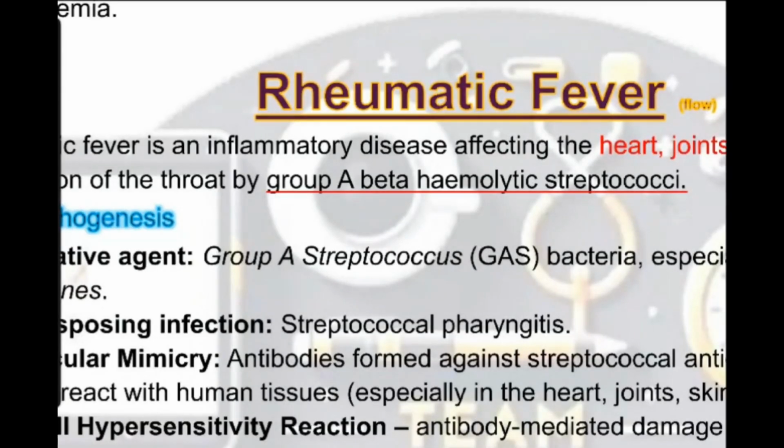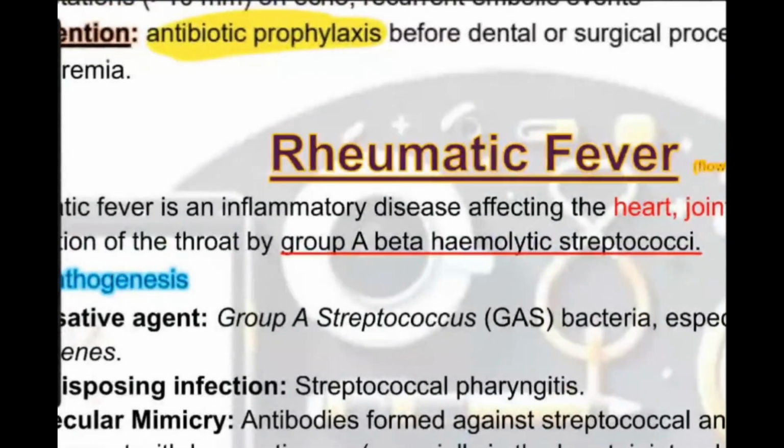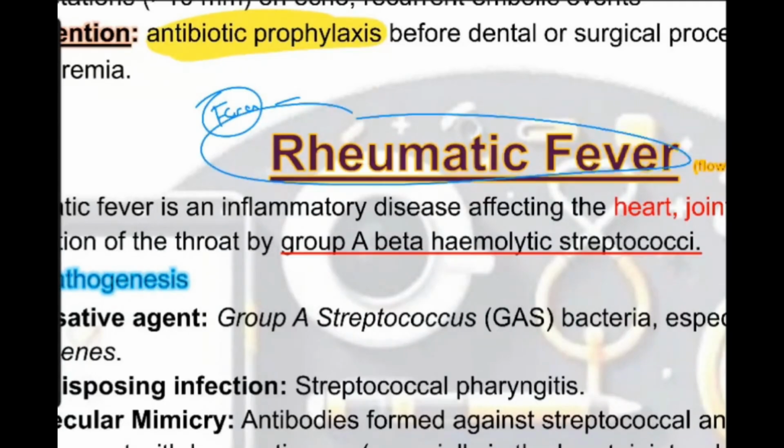Okay. See, in olden days, in Greek mythology, they used to think this. Rheuma means flowing. They used to believe this fever occurs when bad bile, black bile, is flowing through your body. They used to think that only then does this fever occur. So since then, this rheumatic fever was named.